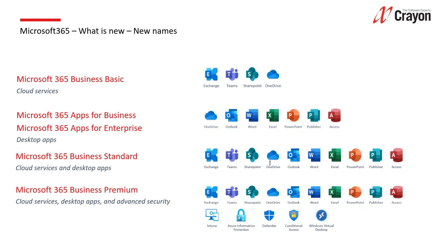The only main difference between them is that Apps for Business is limited to 300 users. We also have M365 Business Standard that offers the entire suite of Office applications, OneDrive, SharePoint, Teams, and Exchange, and of course, Microsoft 365 Business Premium, which offers, besides the Business Standard features, also Microsoft Intune, Azure Information Protection, and others.